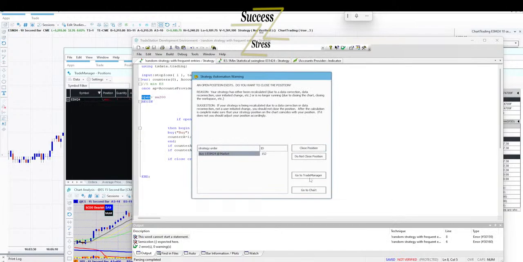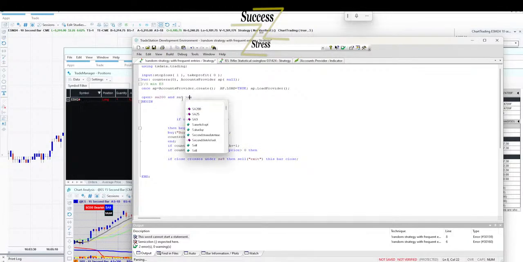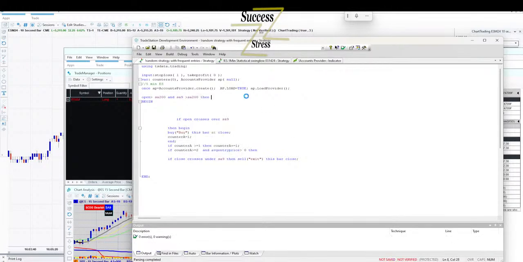Okay, so we're going to say open is over the 200-period moving average, and the 9-period moving average is over the 200-period moving average. If. Okay. All right, are we moving in the right direction?